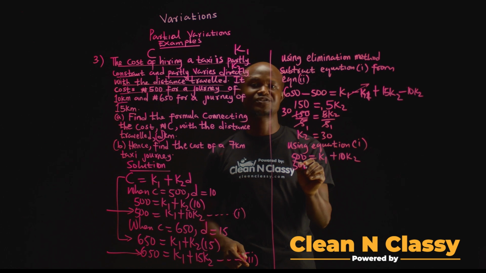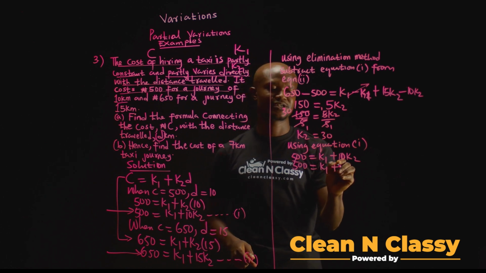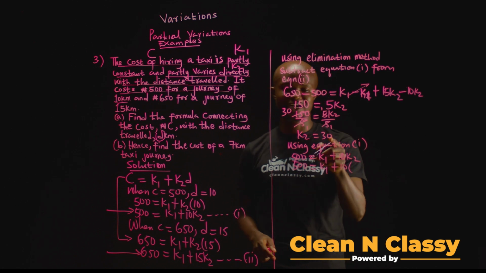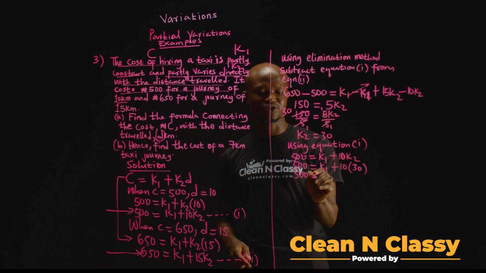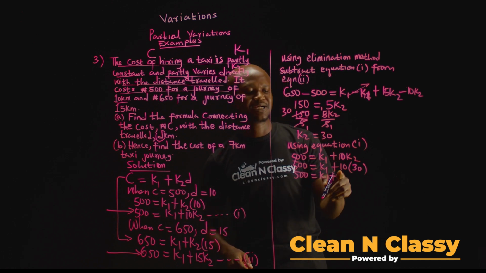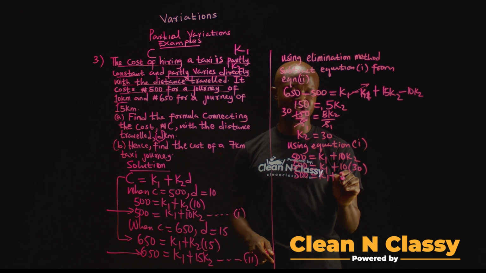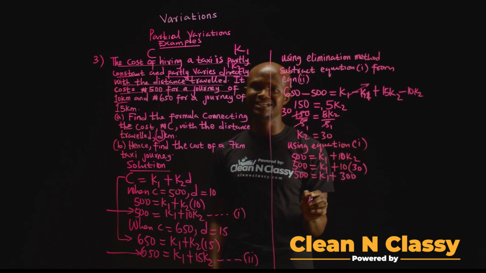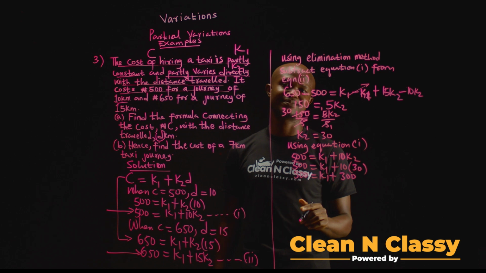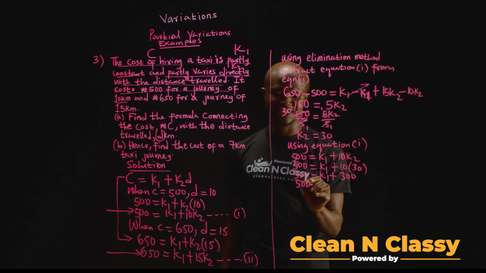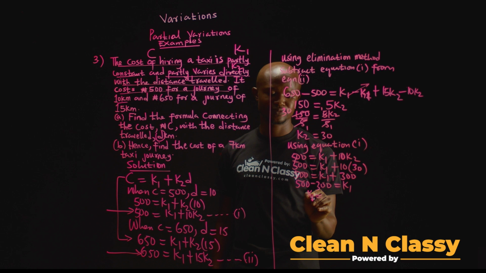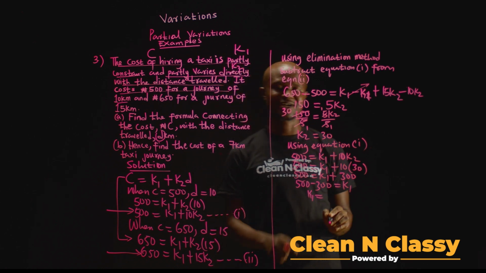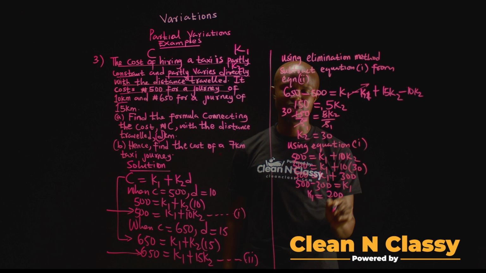Now, 500 equals K1 plus 10 times the value of K2, that's 30. So 500 equals K1 plus 10 times 30, that's 300. Collecting like terms, this goes to the left-hand side and becomes minus. So 500 minus 300 equals K1. It means K1 equals 200.